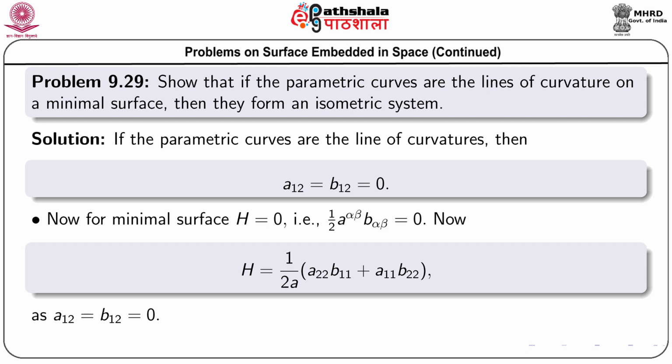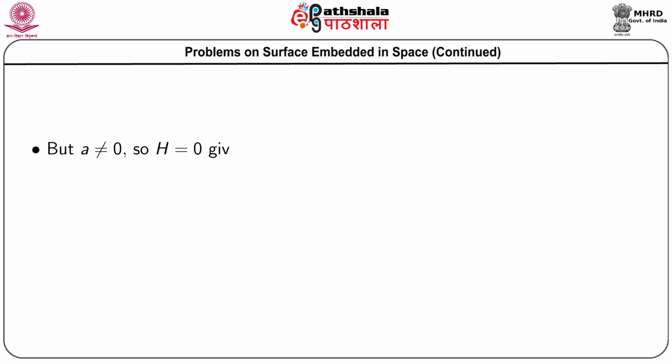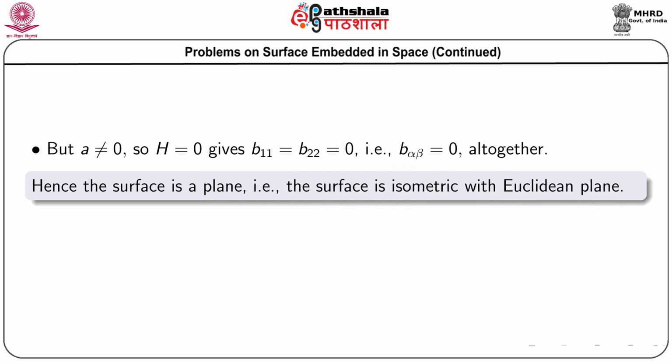Now, as A12 equals B12 equals 0, H equals 0 gives B11 equals B22 equals 0, that is B alpha beta equals 0 altogether. Hence, the surface is a plane, because B alpha beta is 0, and the surface is isometric with the Euclidean plane.